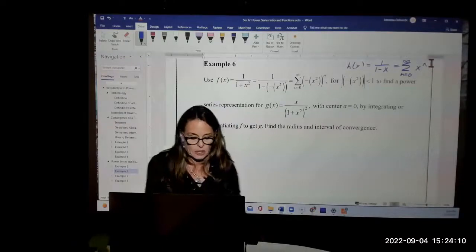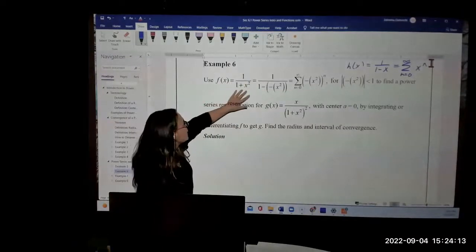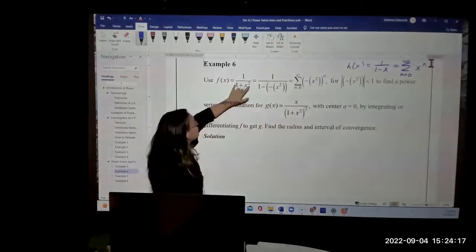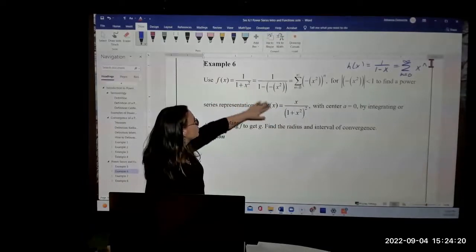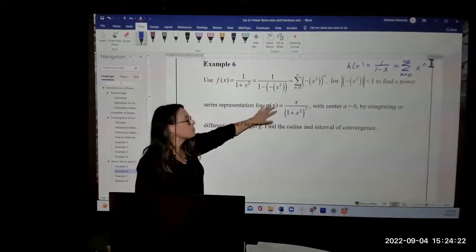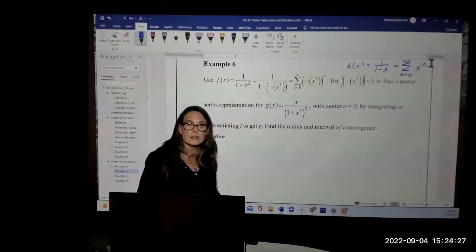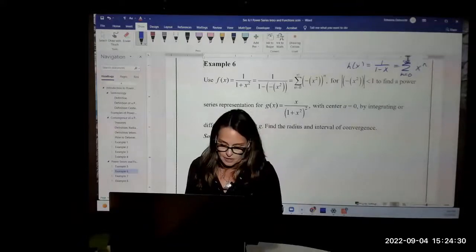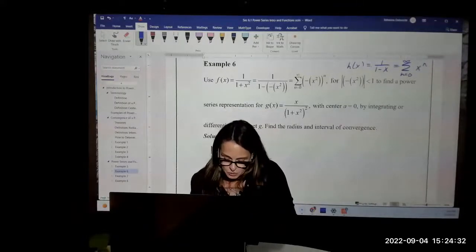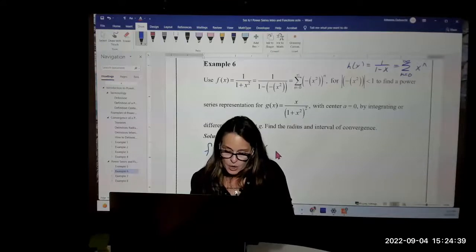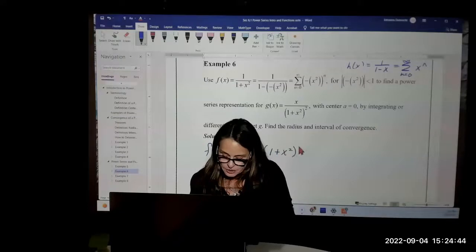So what we want to do then is we want to look at the original function f of x, which we know is this power series, and we want to see what we need to do in order to produce g. What's the relationship between f and g? Well, it turns out, let's go ahead and take the derivative. So when we take the derivative of f, this is the derivative with respect to x, and instead of writing 1 over 1 plus x squared, I'm going to write 1 plus x squared to the negative 1 power.